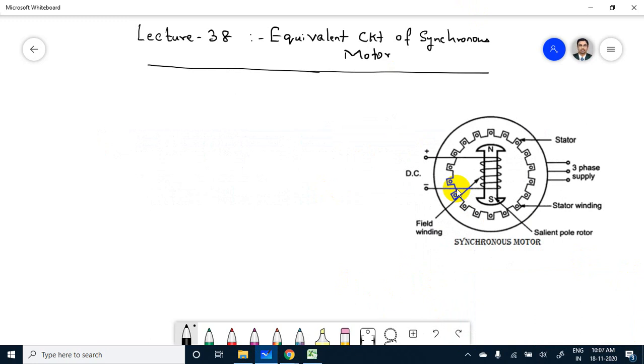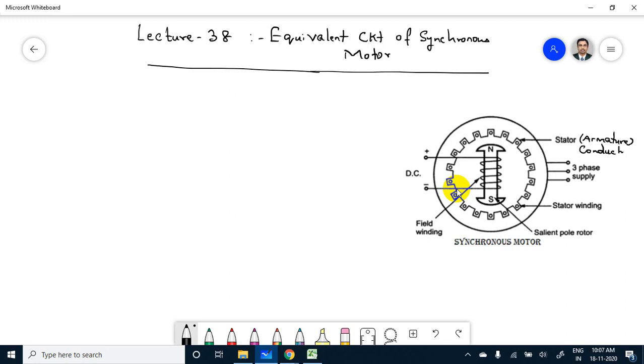The armature conductors are here, and that is nothing but the stator. These are the conductors.